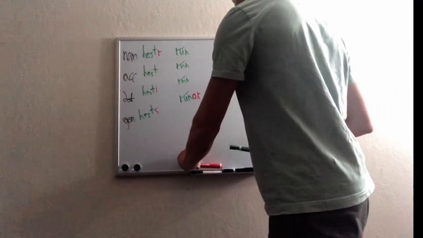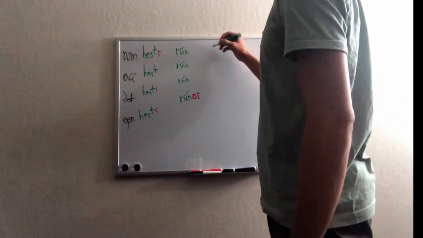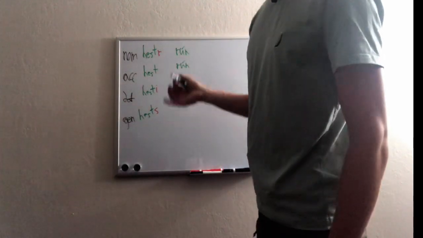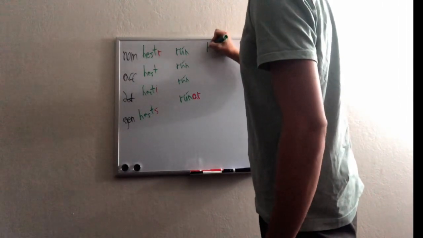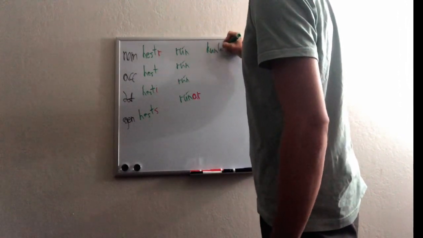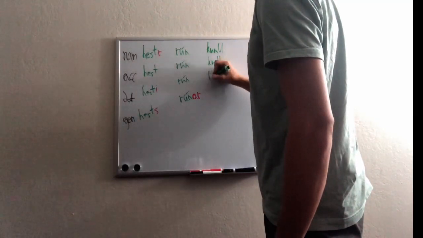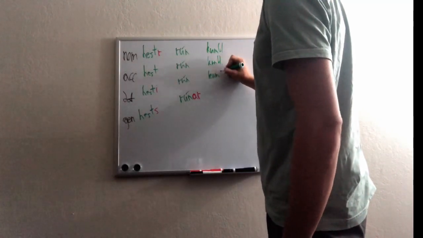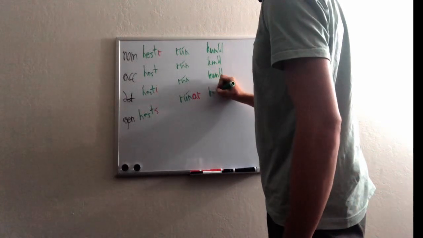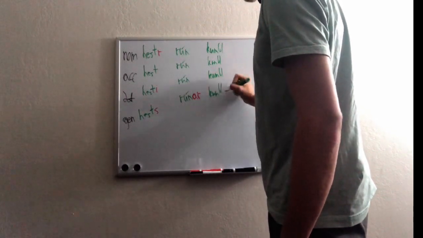And for our neuter nouns, I guess we could use kumbel. It's kind of a big word, but whatever. So kumbel, and we have that again, and again, and again.